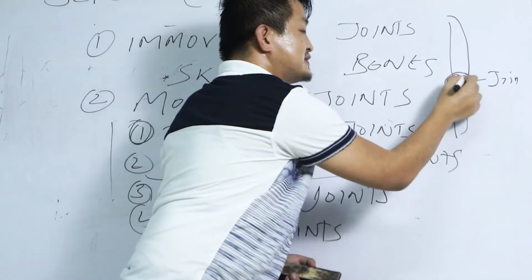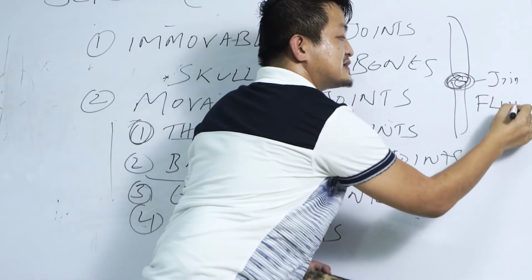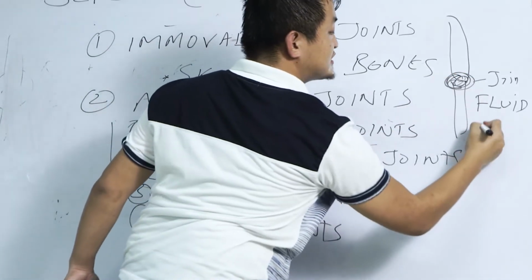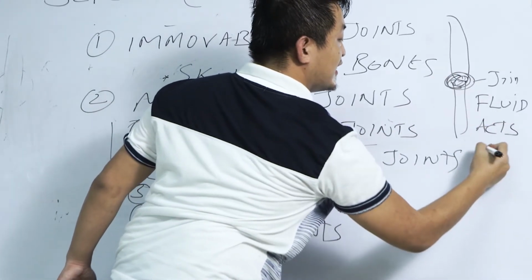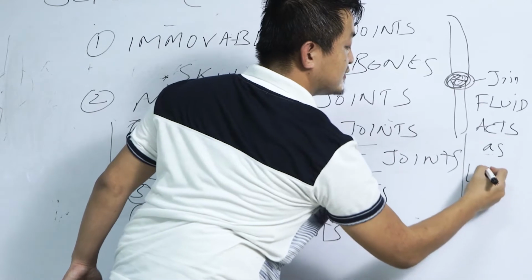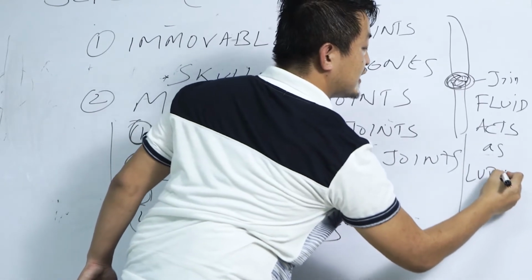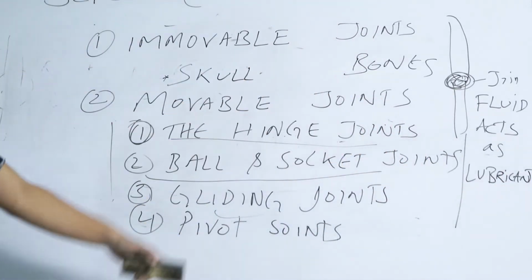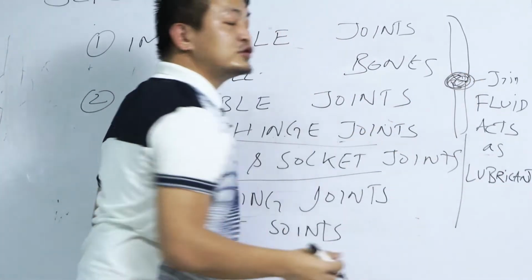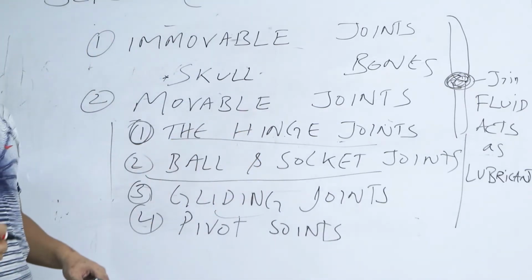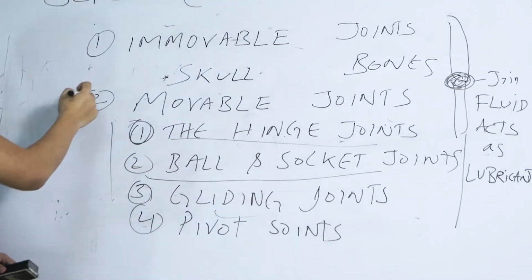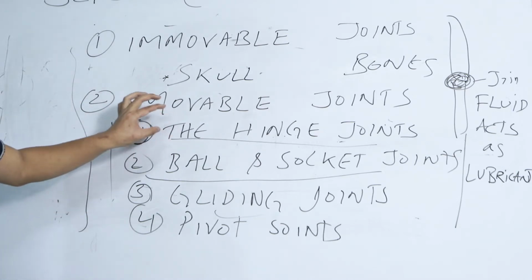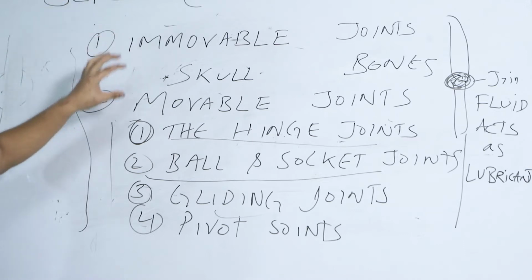Because there is a fluid present inside the joint which acts as a lubricant. That is why they are movable: because of the fluid present inside them, which acts as a lubricant. For now, note all these points down. We will discuss the hinge joint in detail.